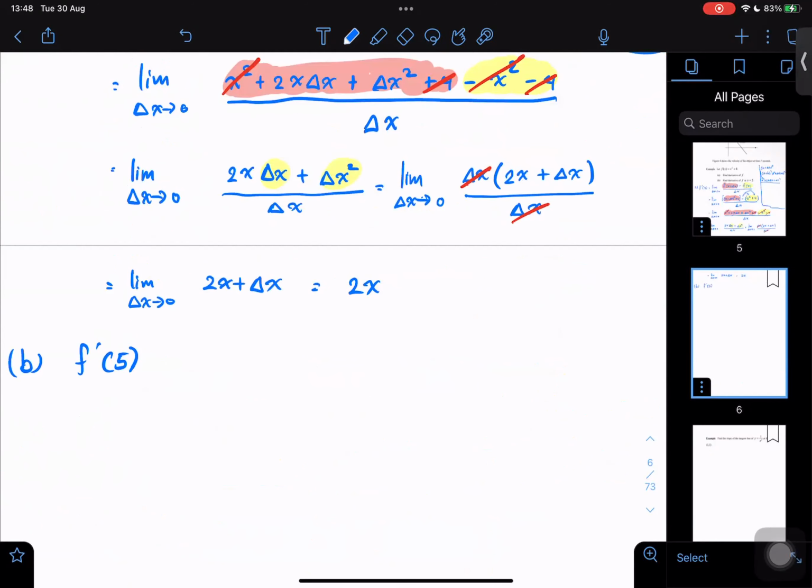And this equals 2 multiplied by 5, which equals 10, because we already found this one. This one is f prime of x, and we want it at 5, so we replace x with 5, and we get f prime of 5 is equal to 10.